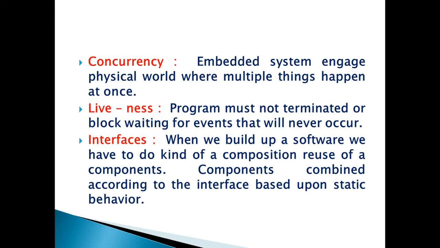Interfaces. When we build up software, we have to do a kind of composition and reuse of components. Components are combined according to the interface, based upon the static behavior. There would be dynamic behavior also.